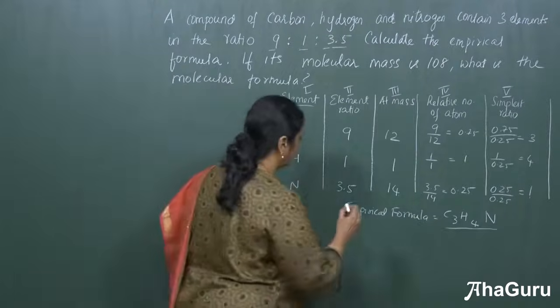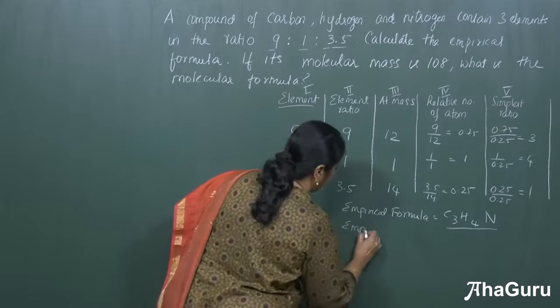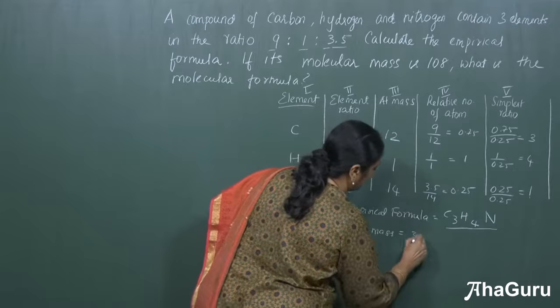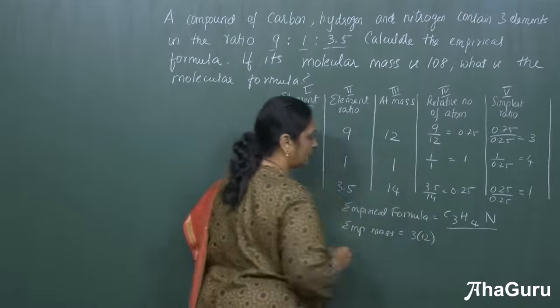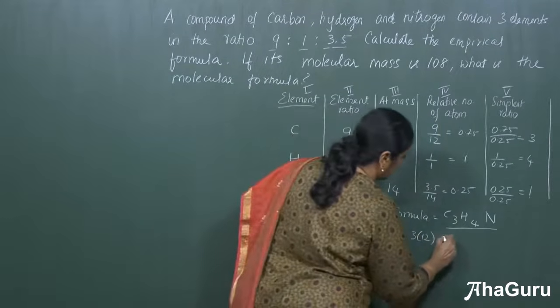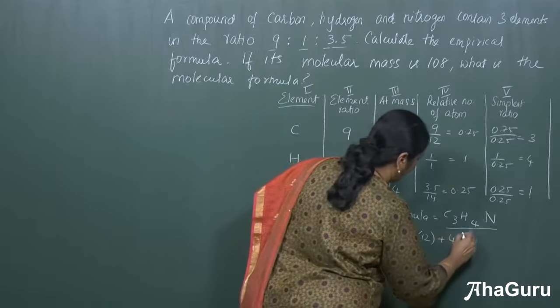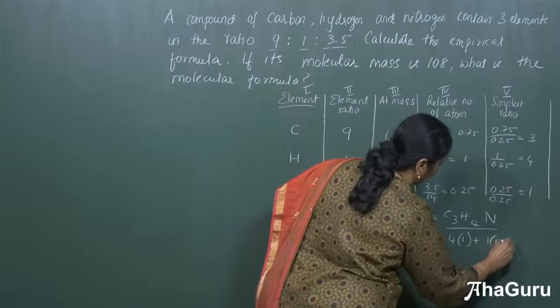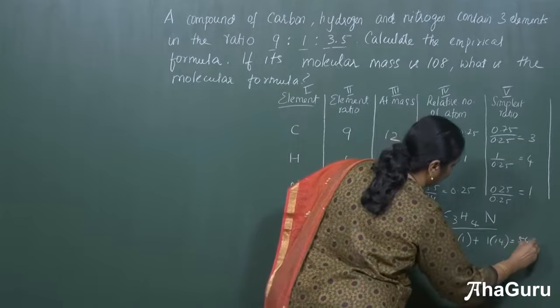Okay. So, to calculate the empirical mass, how many carbons are there? 3 carbon into 12, mass of carbon is 12, plus how many, 4 hydrogen into 1, plus how many nitrogen, 1 into 14. So, this would be 54.